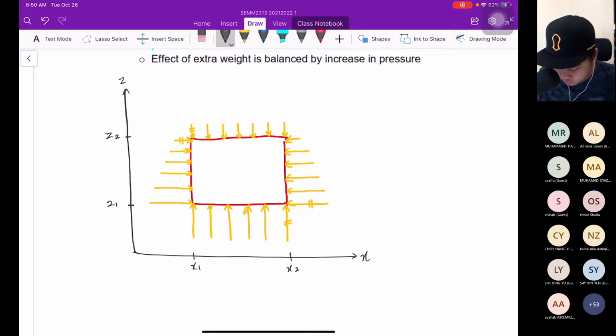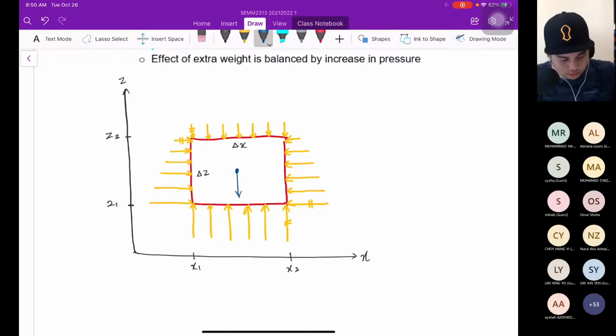From X1 to X2, we call it delta X. From Z1 to Z2 is delta Z. And of course, we have the width, which is from the centroid to the bottom, which is the width.